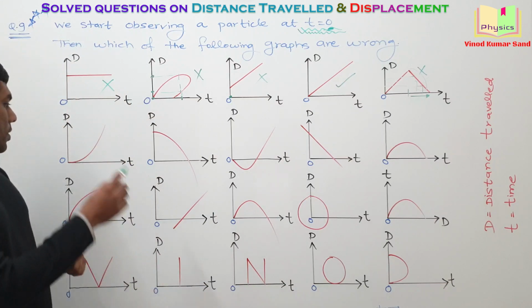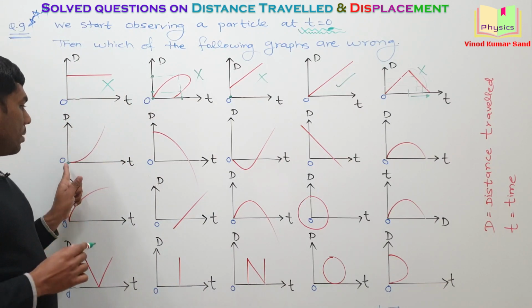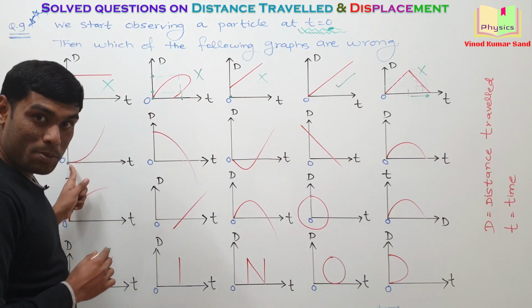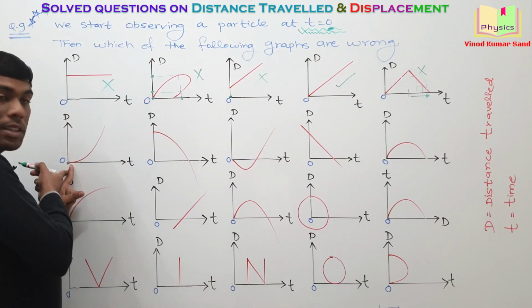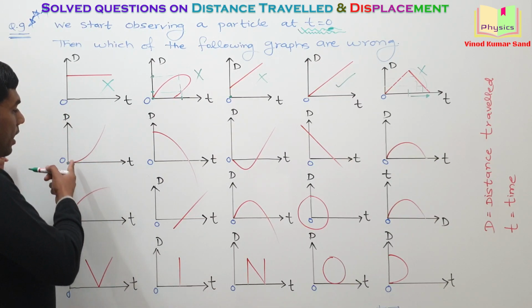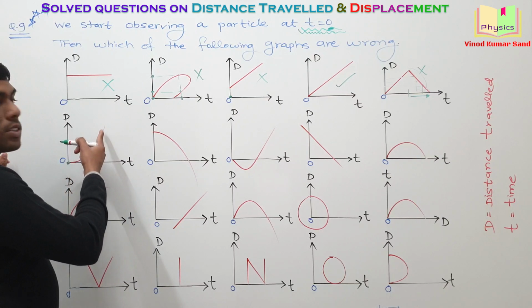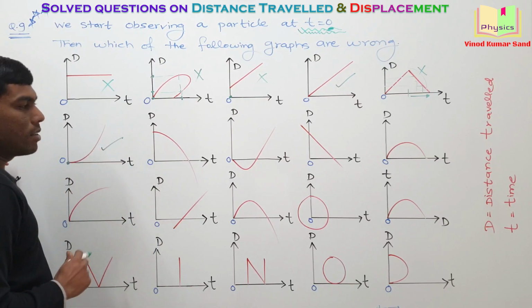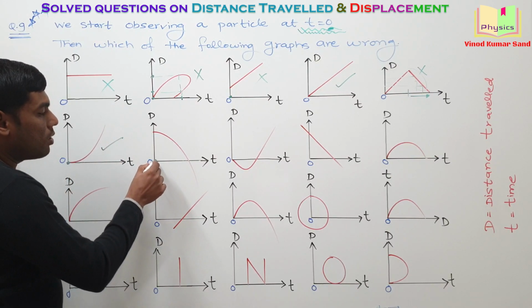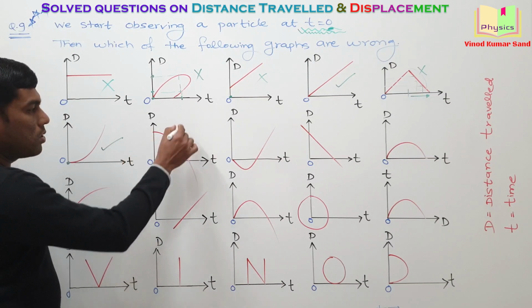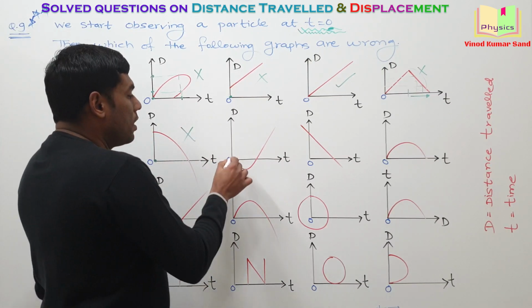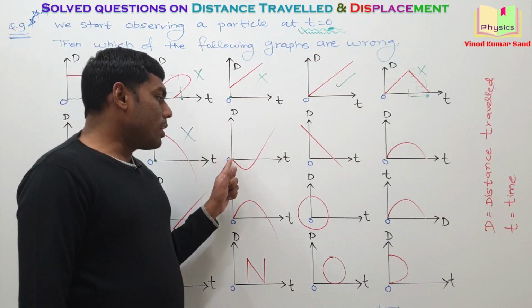Okay. Next graph. T is equal to 0. The moment we start the observation, the distance traveled by the particle is 0. This is fine. And then distance traveled by the particle is increasing. This is perfect. T is equal to 0, the distance traveled is non-zero. Wrong. T is equal to 0, the distance traveled is 0.